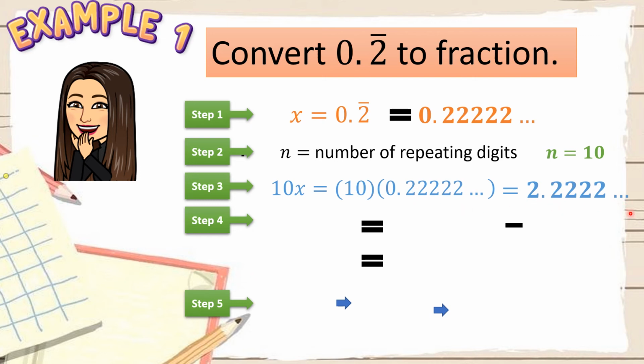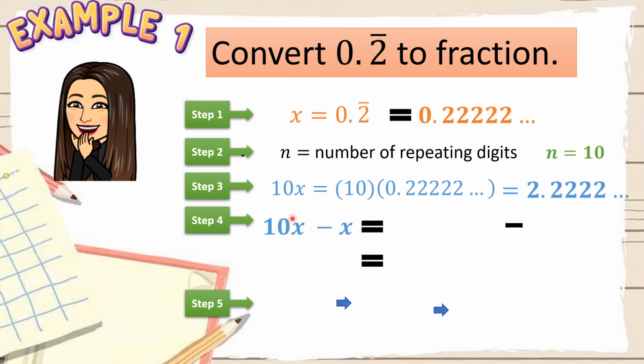Then for step number 4, we have to subtract our repeating decimal from the product that we obtained from step 3. So we subtract x from 10x.